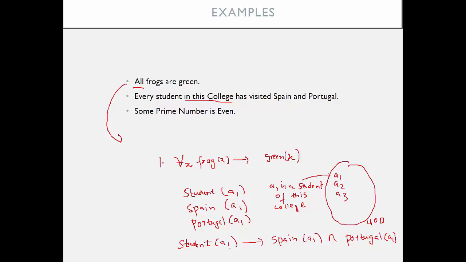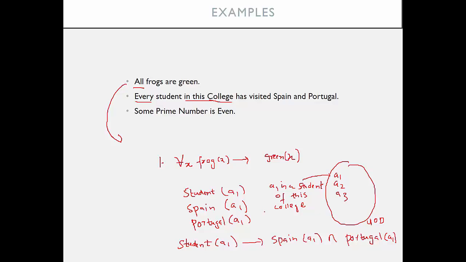So this was for A1. Now, what if every student in the universe of discourse is a student of this college? Then it's for sure that all of them have visited Spain and Portugal.